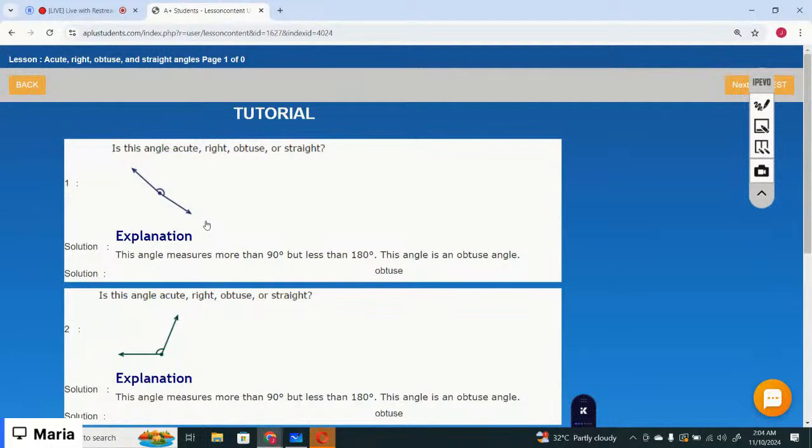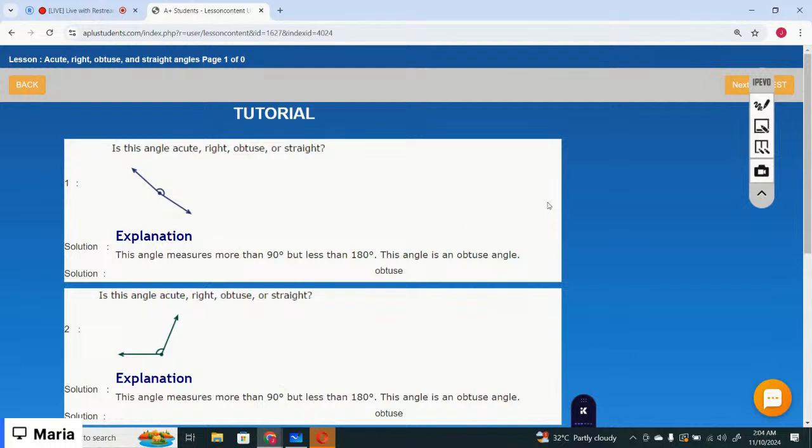So let's just look at the angle, right? The angle that measures more than 90 degrees and less than 180 degrees is an obtuse angle, right? Because the given angle is more than 90 but less than 180 degrees, that means the angle is an obtuse angle. Got it?